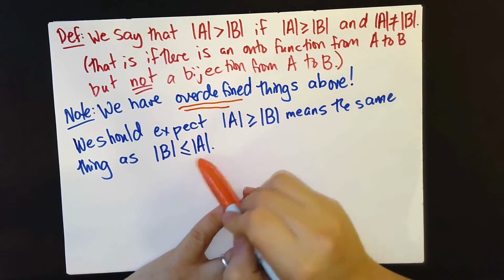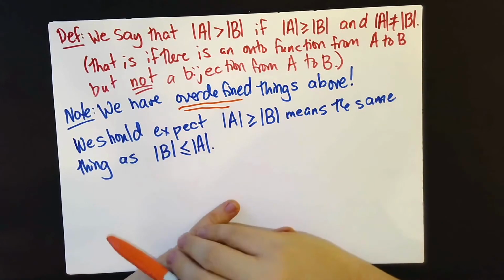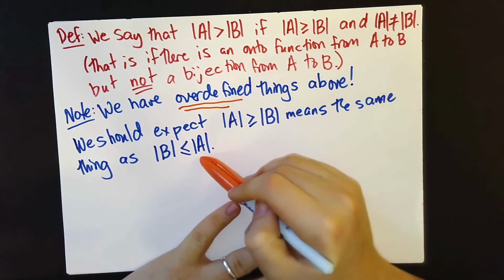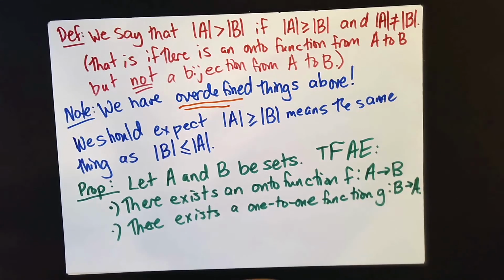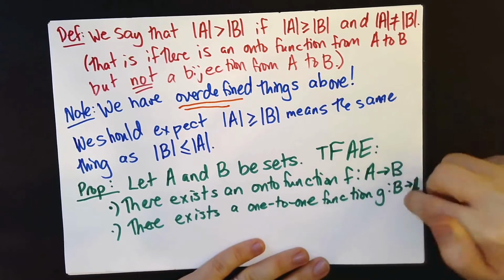The size of B is less than or equal to the size of A. That means there's a one-to-one function from B to A. So we really need this to be true. Namely, if A and B are sets, any sets, we need it to be true that the following 2 statements are equivalent. Namely, there's an onto function from A to B, and a one-to-one function from B to A. So we have to somehow explain how these 2 ideas are related.